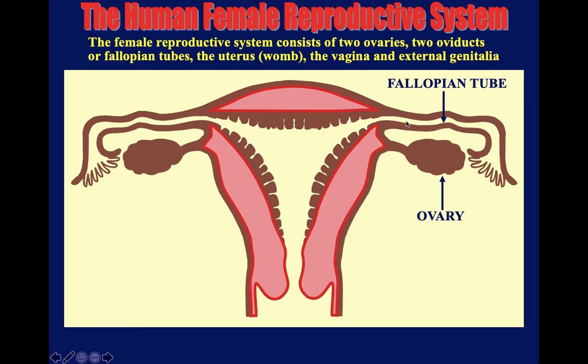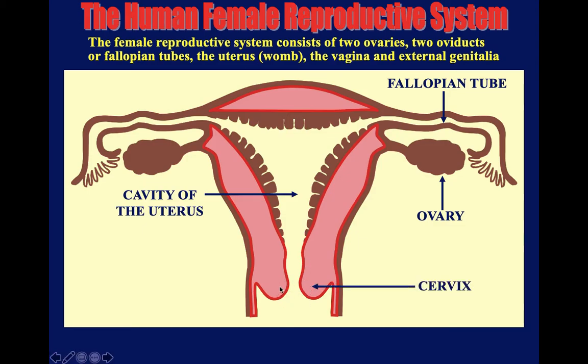So that egg is going to travel along the fallopian tube. By the way, fertilization should occur inside the fallopian tube, so fertilization doesn't occur in the uterus. It occurs somewhere at this point. And so the egg will keep on traveling into the uterus. That's the cavity of the uterus where there is a potential for the embryo to start growing.